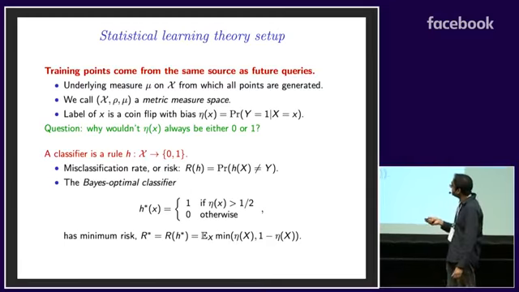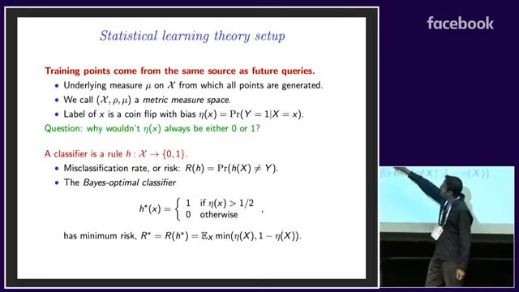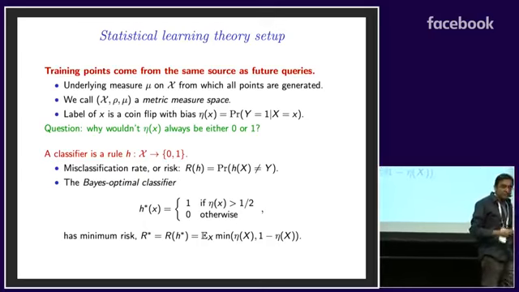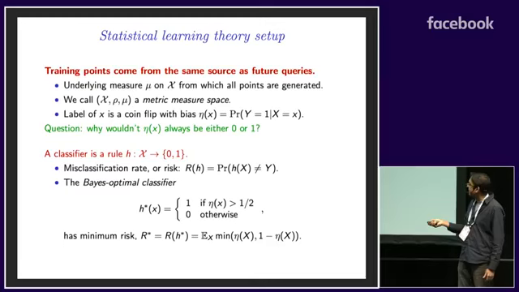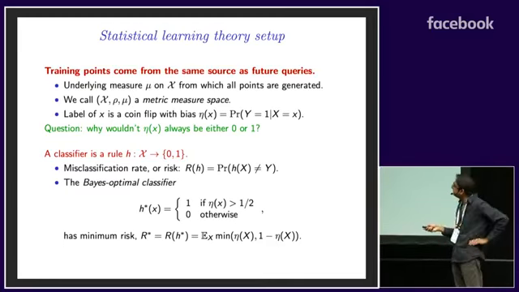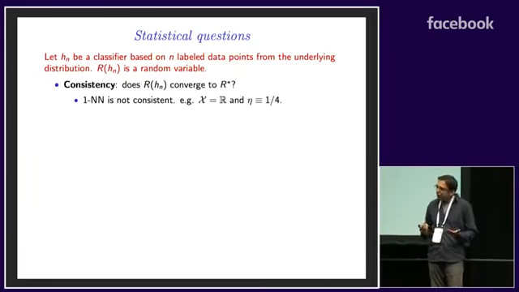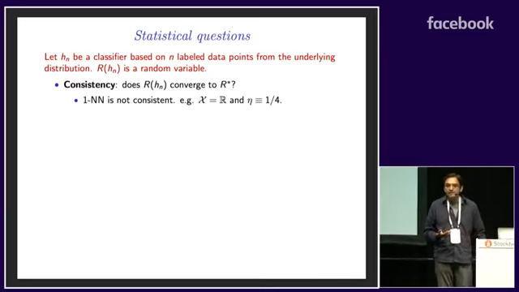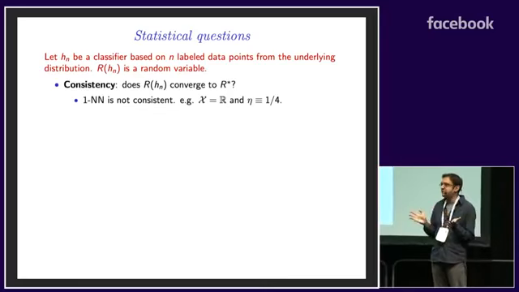Okay? So clearly, the best thing you can do for any x is just to predict 1 if the probability of being 1 is greater than a half, and to otherwise predict 0. And so that's the Bayes optimal classifier, and R star is the error obtained by this optimal classifier. One of the questions that we can afford to ask about a non-parametric method is whether it converges to the optimal possible error.